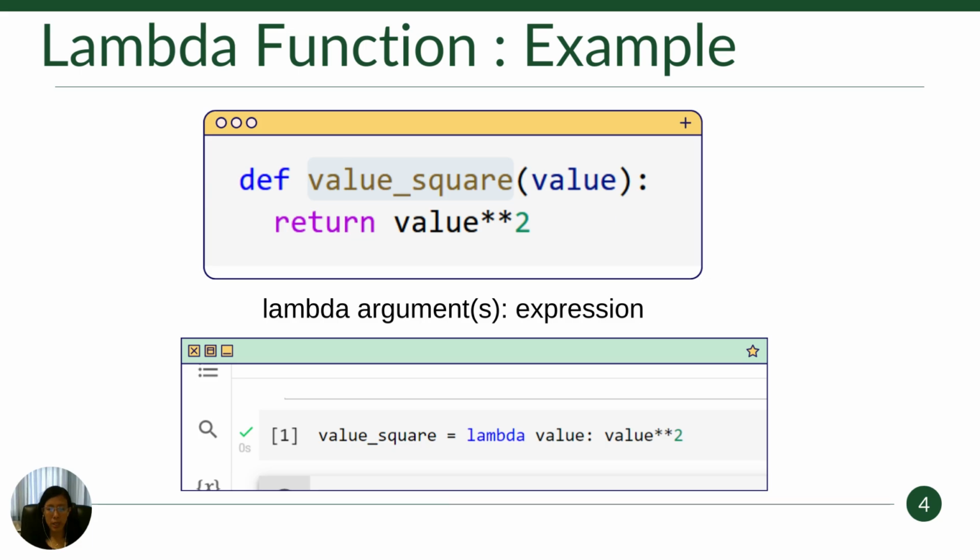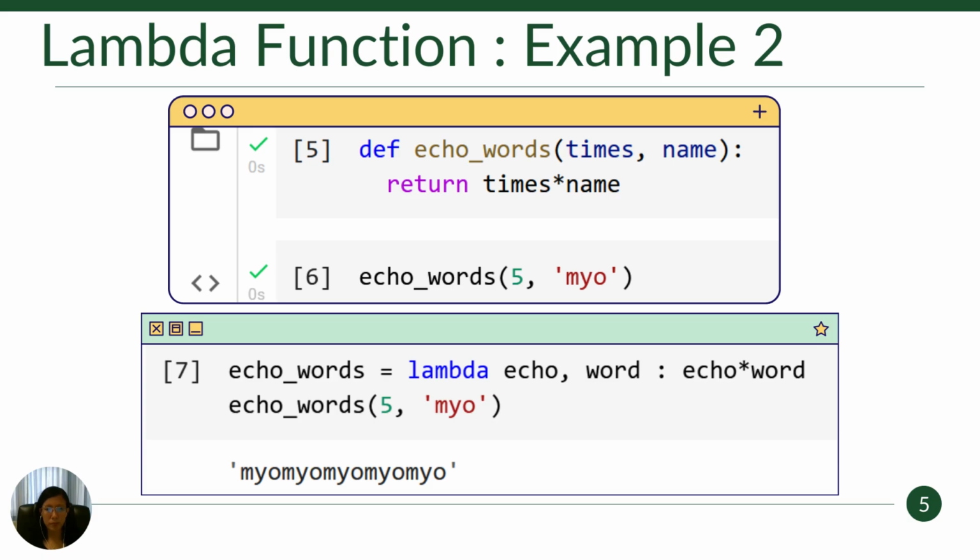Simple, you start with the keyword lambda, followed by your input argument, which is value here, and then a colon. Then what is your expression? Your return statement. You are going to return value star 2. So you just write lambda value: value star 2. This gives you the same function as the previous one, but in a single line.